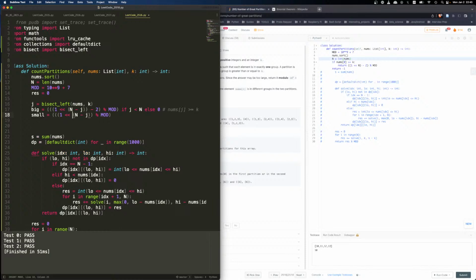I want everything in the small. Probably don't mod right now. So we have multiplication and stuff.